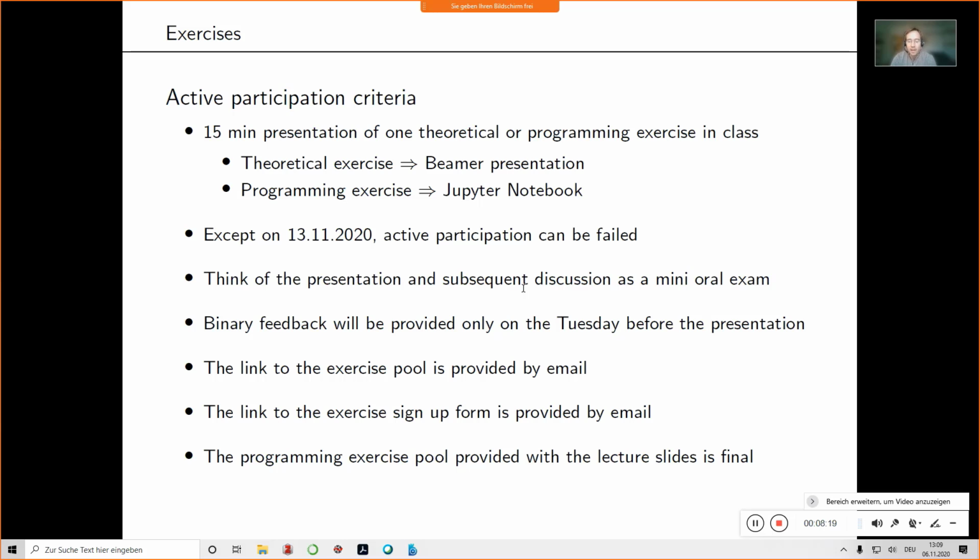There's only one. To help you with the preparation for that, I can give you feedback on what you have prepared so far, meaning your Beamer presentation or your Jupyter notebook, by Tuesday before the presentation. Only on Tuesday, so not earlier, but also definitely not later.